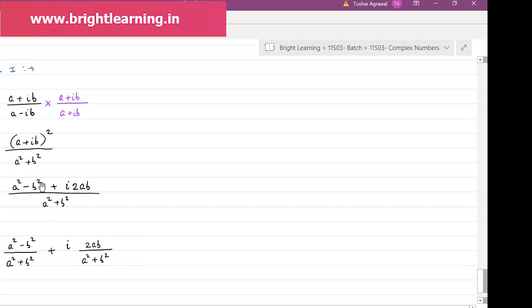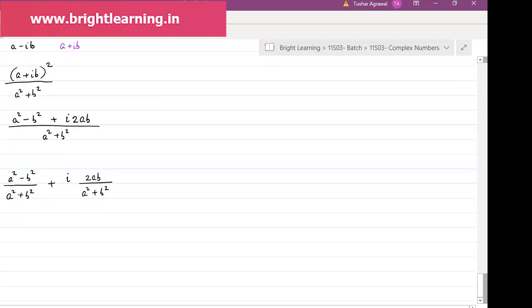Clear up till this point? So what is my x? The real part x is here. And what is my imaginary part y? My imaginary part y is over here. So you have separately found the values of x and y, and the whole complex number is in the standard form.